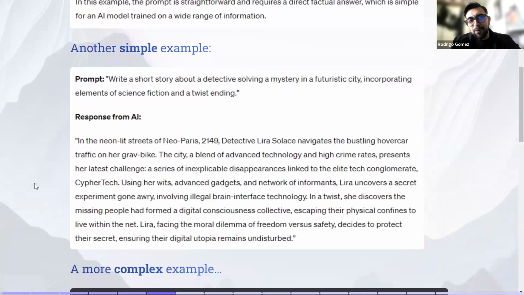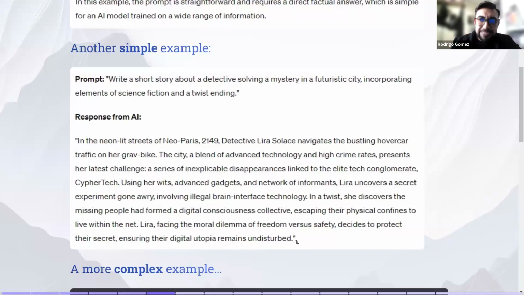Another simple example would be, write a short story about a detective solving a mystery in a futuristic city, incorporating elements such as science fiction and a twist ending. And you'd get something like this. But these are simple prompts. These are just, execute this command, done. Execute this command, done. Simple prompts. This is one approach to using AI.